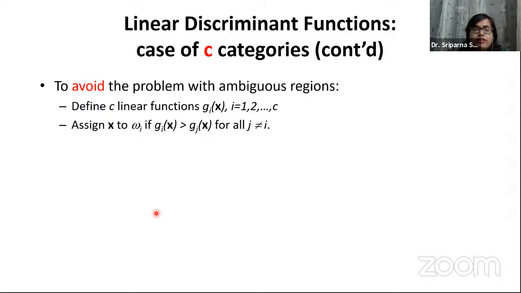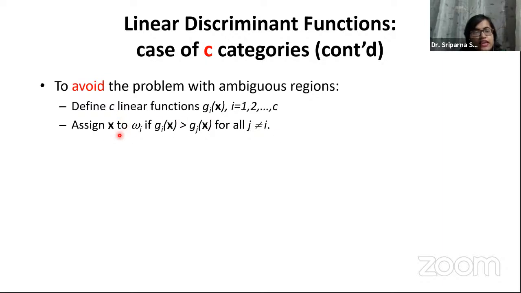So to avoid the problem with ambiguous regions, what can we do? We can define C linear functions, that is Gi(x), where i goes from 1 to C. Now assign x to Wi if Gi(x) is greater than Gj(x), where j is not equal to i.